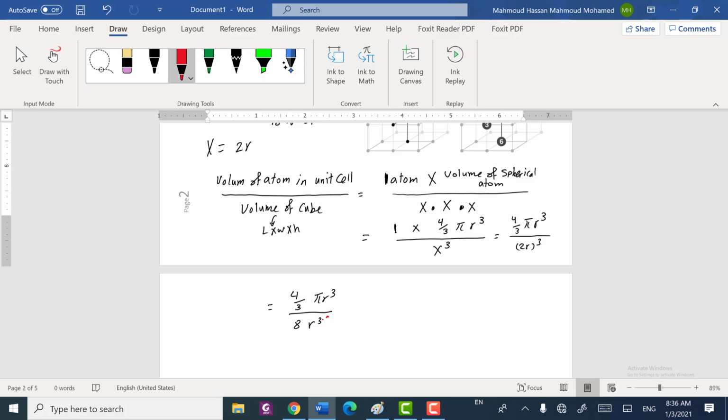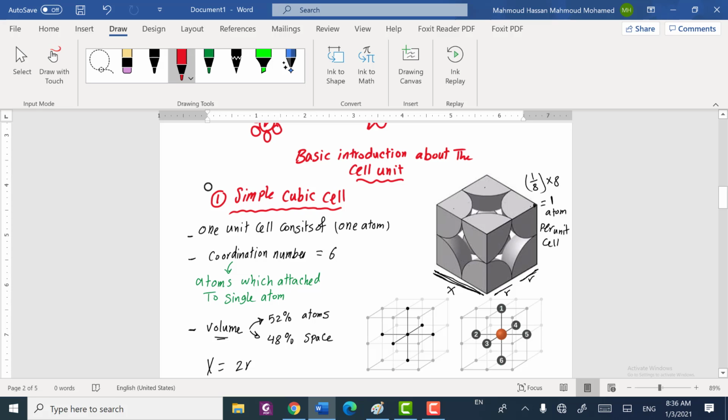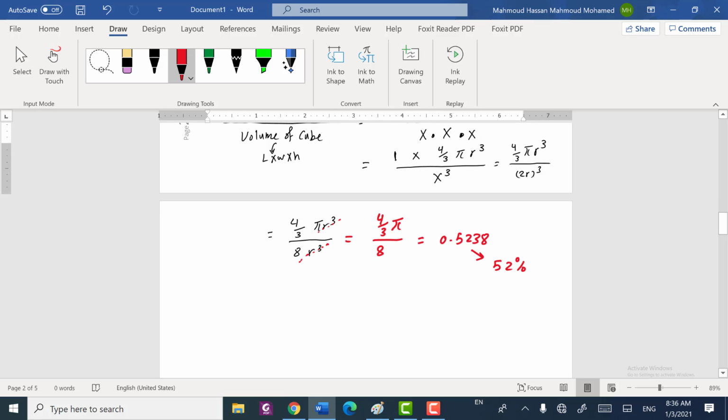R cubic is cancelled with R cubic, it will be equal to 4 pi over 3 over 8. We calculate it, giving us 0.5238, which represents 52%. So the crystal in the simple cubic cell occupies 52%.